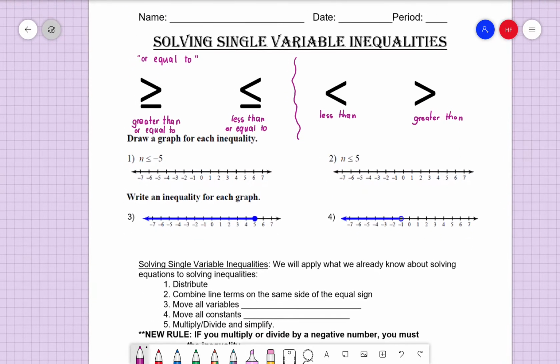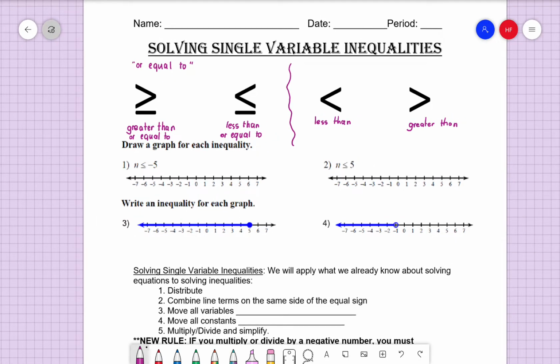So we're going to draw a graph for both of these inequalities. So n is less than or equal to -5. So I'm going to find -5 right here. Draw my starting point. Because this is or equal to, whenever there's a line, that means it's a closed circle.